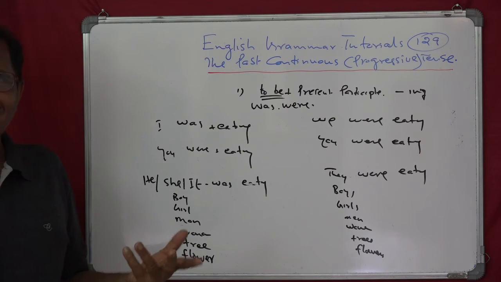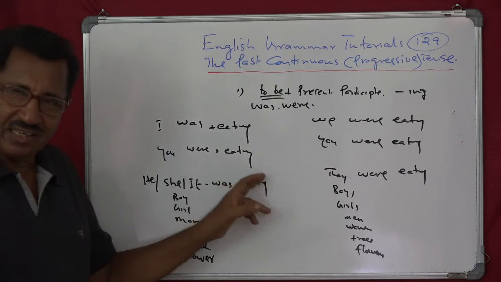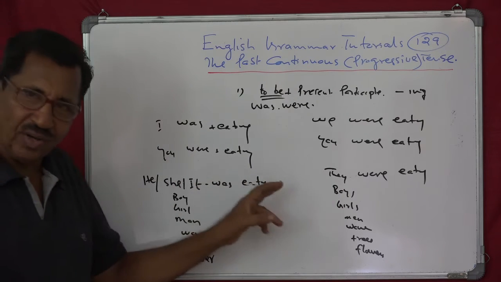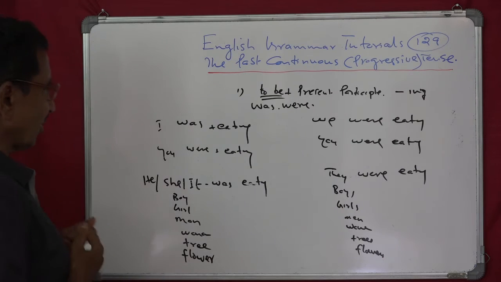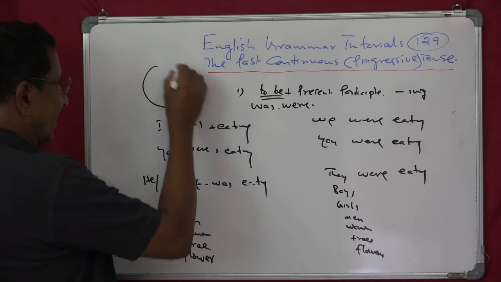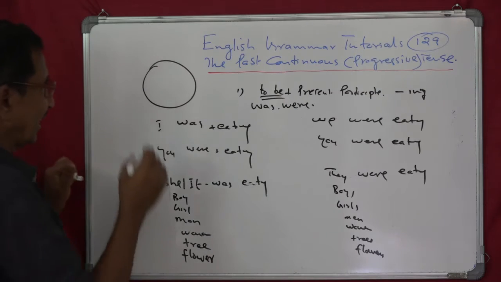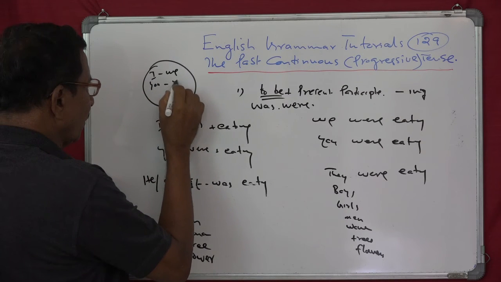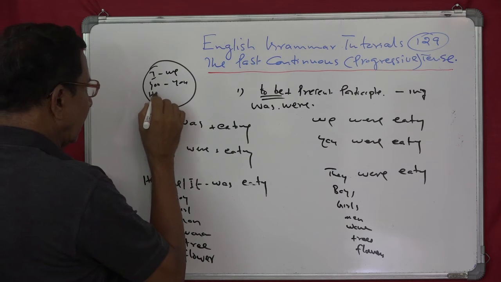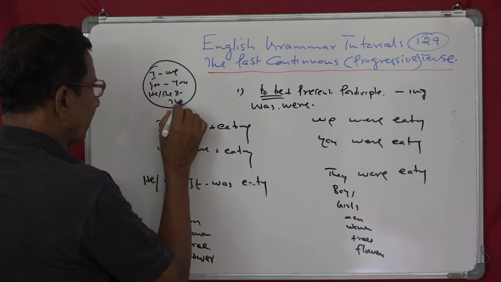How many sentences can we make? Like that. You were eating, you were drinking, you were sleeping, you were going. That's what I said. These 6 slots are a sentence producing engine, like a search engine. You have I, we, you, he, she, it, and they.